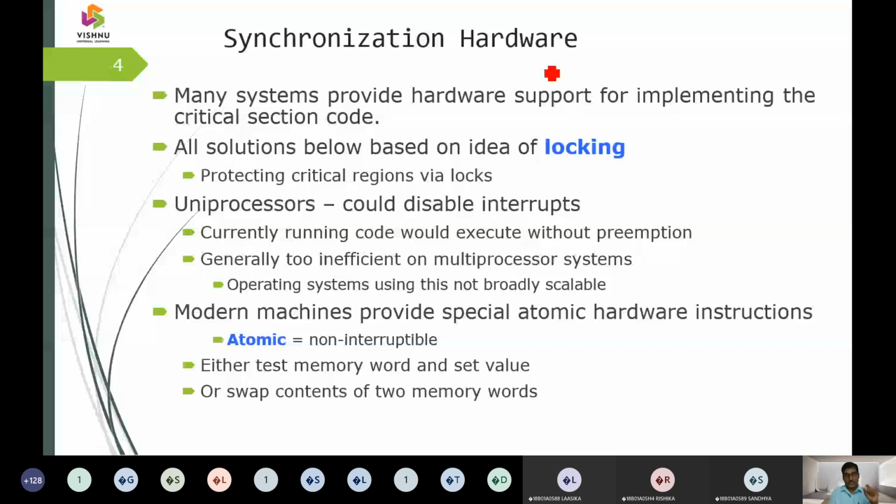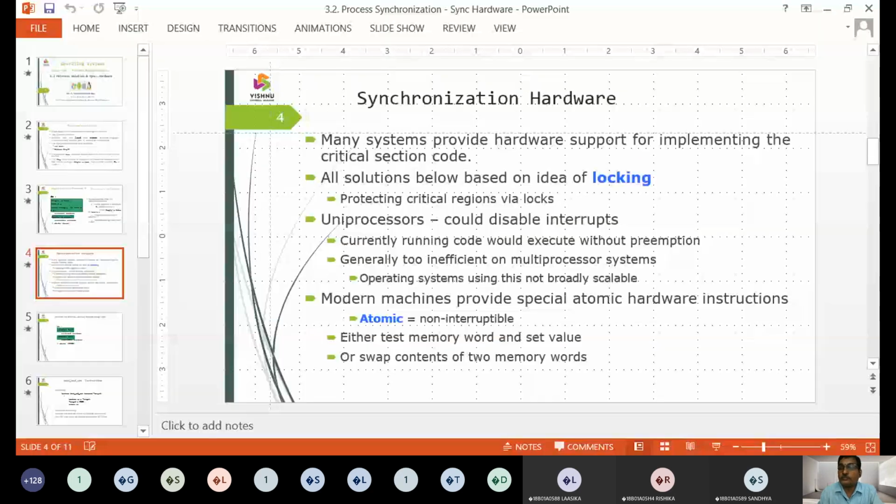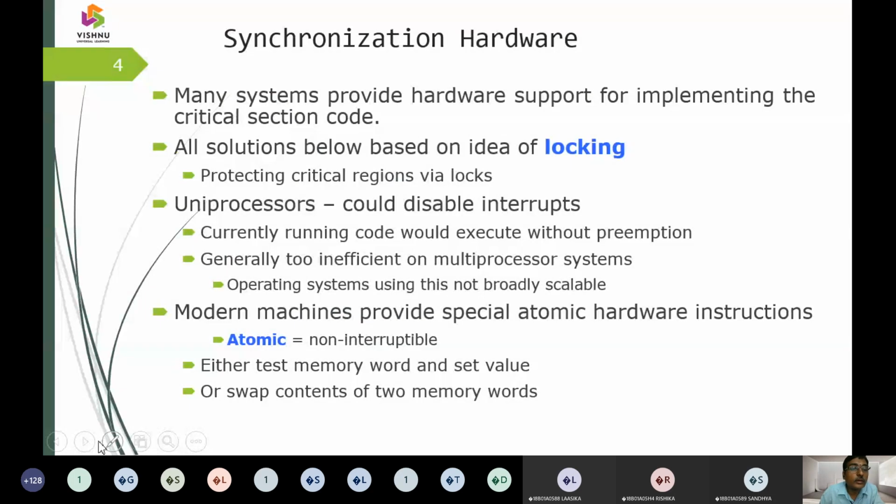Now, how is this synchronization mechanism going to do a locking procedure, or how is it going to preserve atomicity? For that, when there is a uniprocessor, we can see there is only one CPU, and this CPU is going to have an arithmetic logic unit and a control unit.